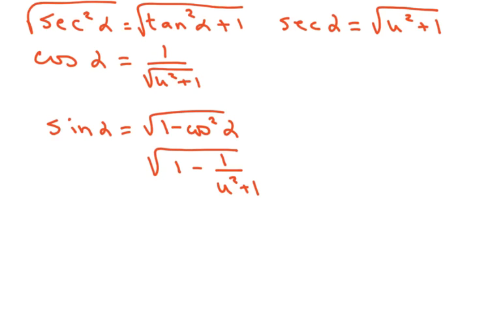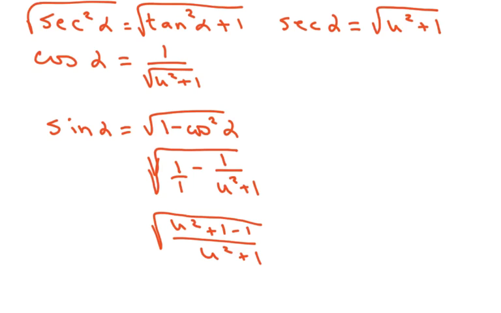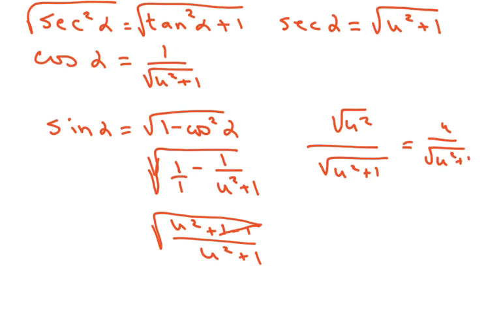Now to simplify that, we did this in previous videos, this is going to be u squared plus 1 minus 1 over u squared plus 1, and you square root both the numerator, because this cancels, over square root of u squared plus 1, and you get u over the square root of u squared plus 1.